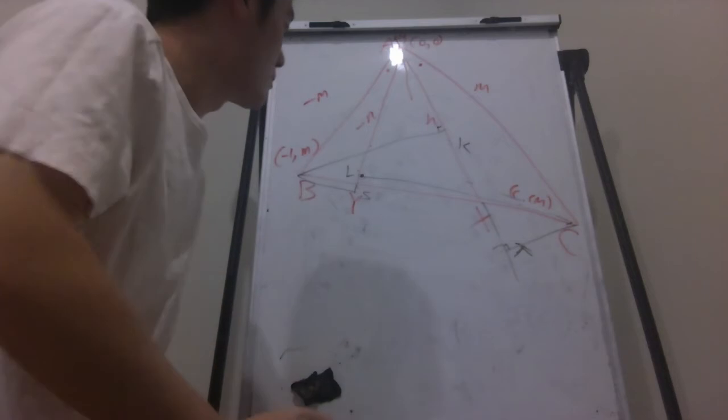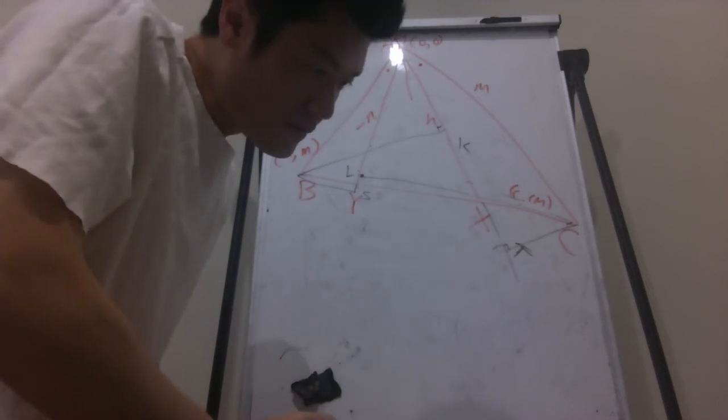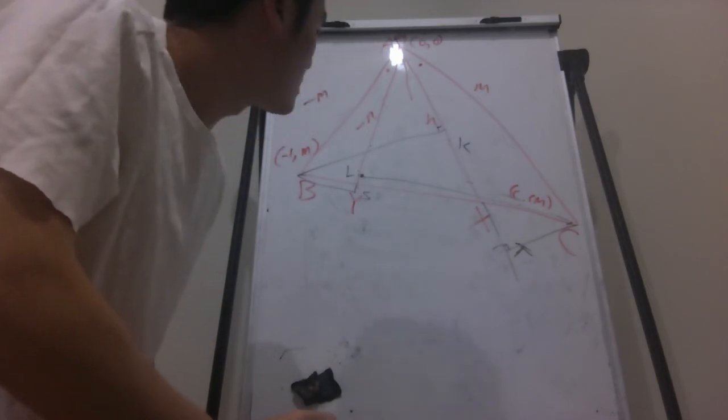So the points ST and KL are meant to intersect on BC.